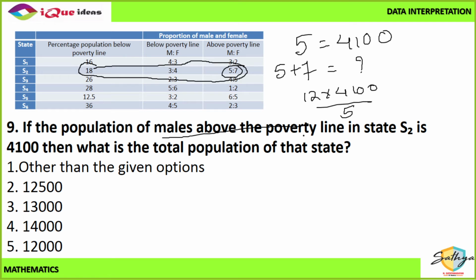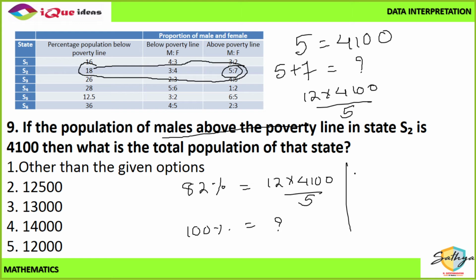I'll keep it as it is. Now, this is equal to above poverty line population. So if 82% is equal to 12 into 4100 by 5, then 100% is equal to how much? So my final calculation is 100 into 12 into 4100 divided by 5 divided by 82.